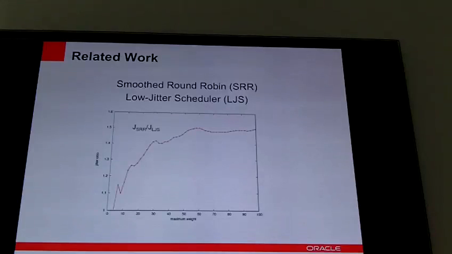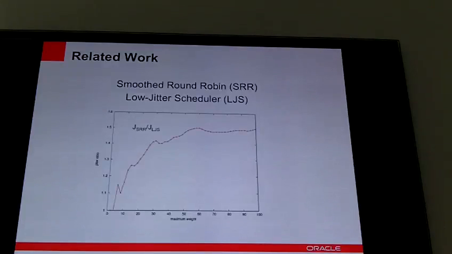Now, there has been extensive work on this topic, including our own work, I have to say. So I'm citing here two schedulers, the smoothed round-robin scheduler, SRR, and our own scheduler, the low jitter scheduler, LJS. So this is previous work. The smoothed round-robin scheduler, to our knowledge, is one of the best schedulers in terms of latency jitter.